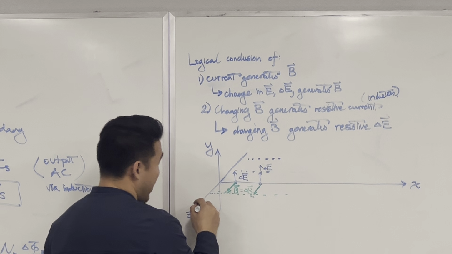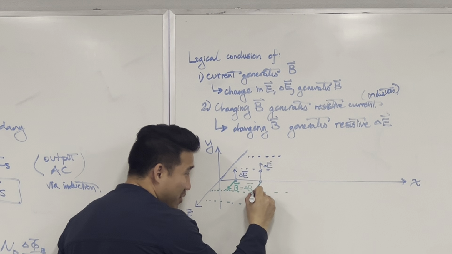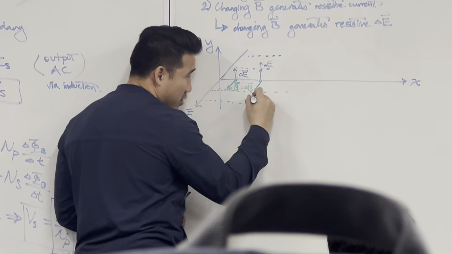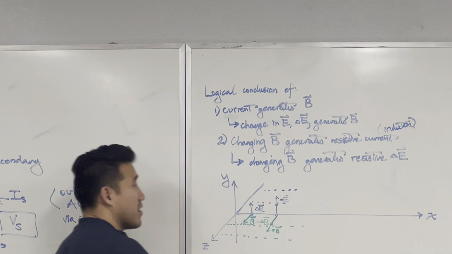And naturally it will want to be twice its own. However, this delta E is smaller than this delta E, so it's not going to come up as much. So then this is going to be our delta B the next time around.